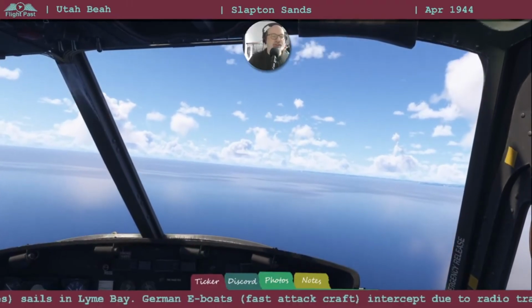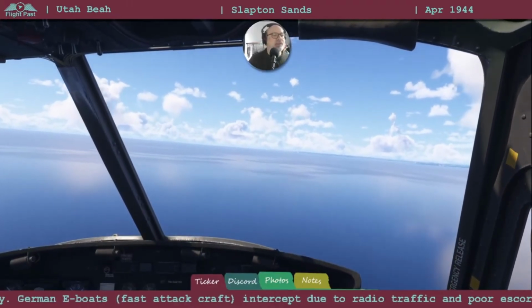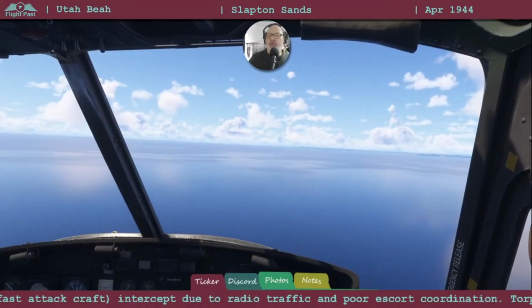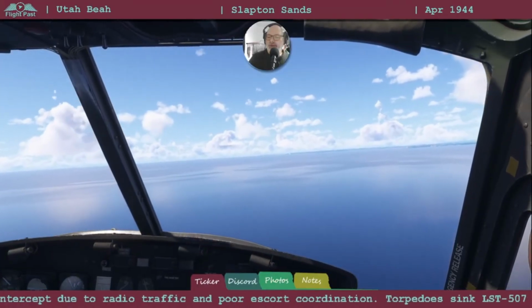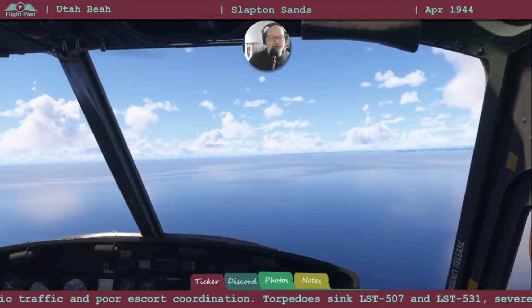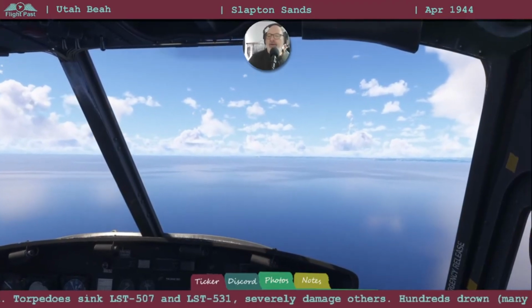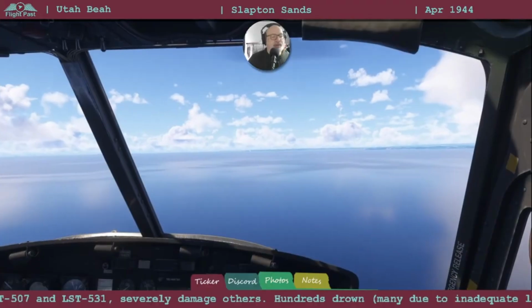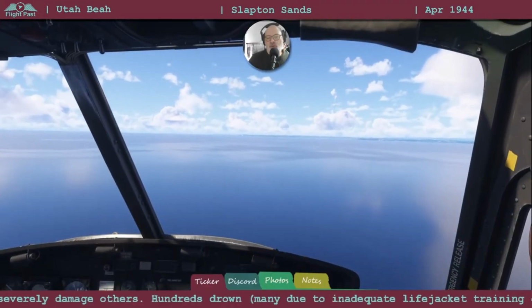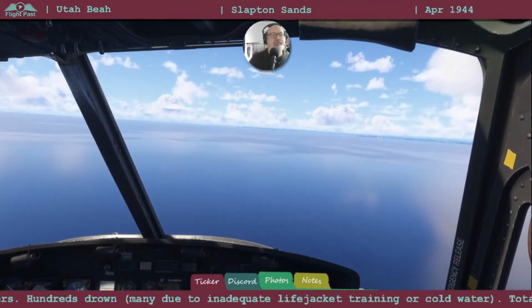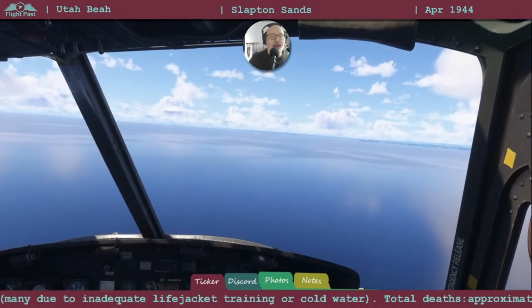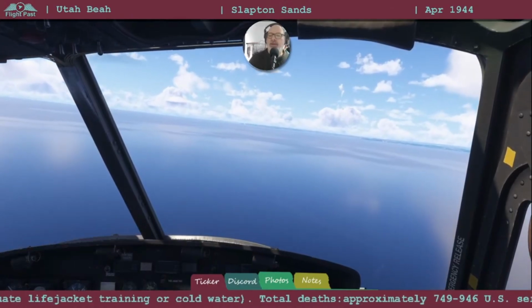This was on the 27th of April, and in the evening of the 27th into the 28th, I think the Germans either got wind of it, or they might even have been able to hear the naval bombardment.